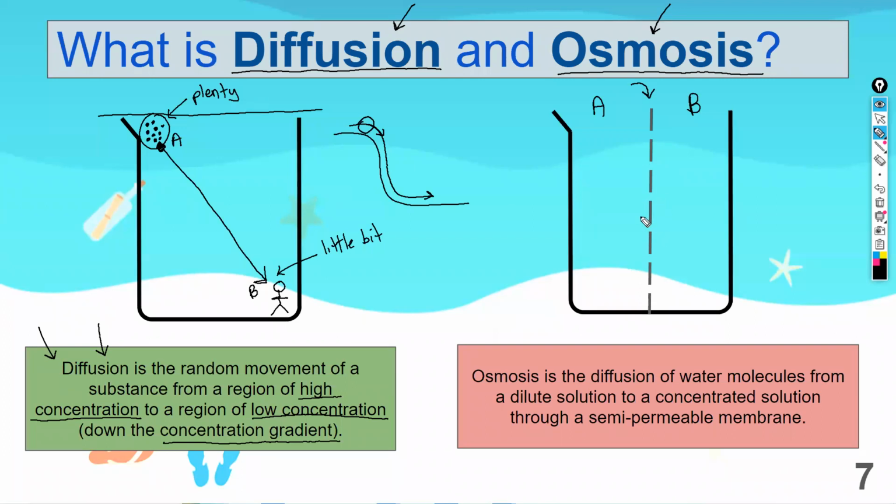And what's the fancy word for something with small holes in it? Semi-permeable. That's this word over here. So any structure that has small holes in it, most likely I'm going to refer to it as a semi-permeable membrane. Fancy word for something simple, right?